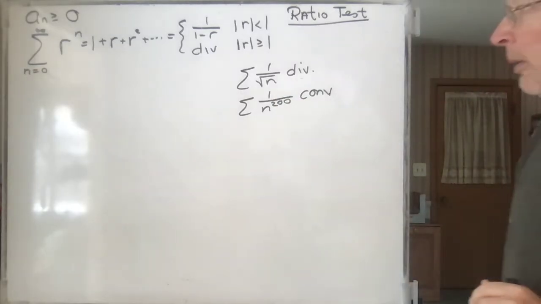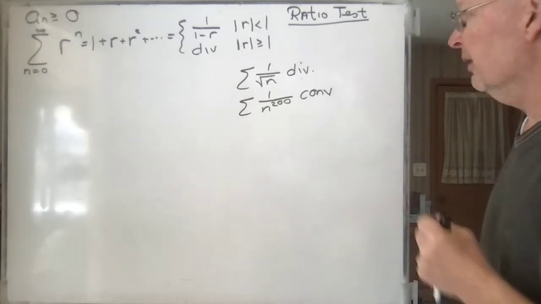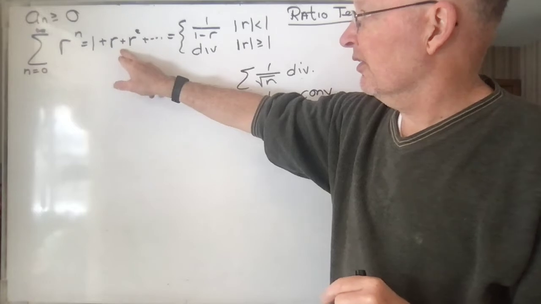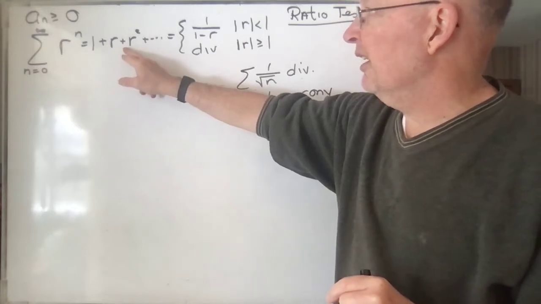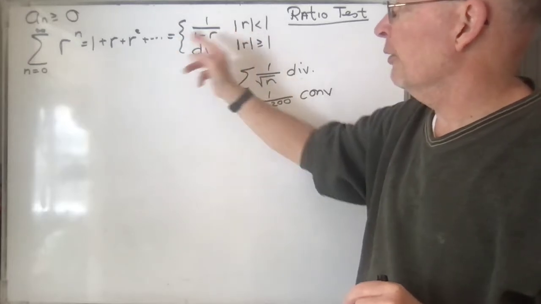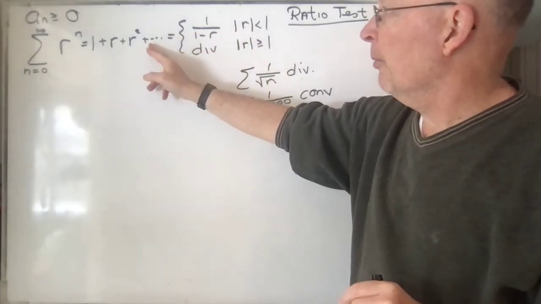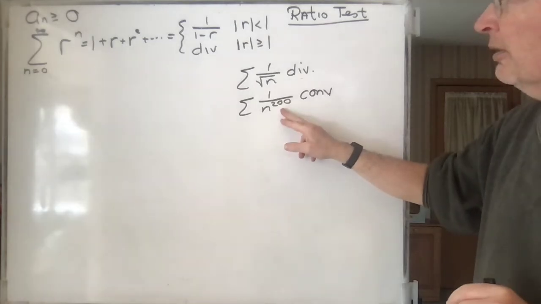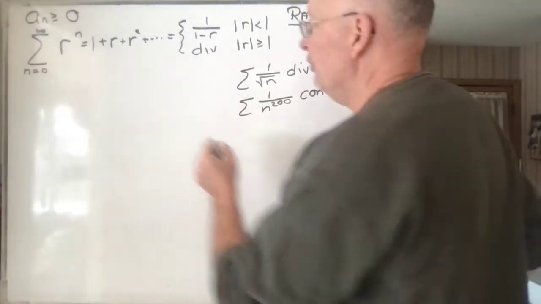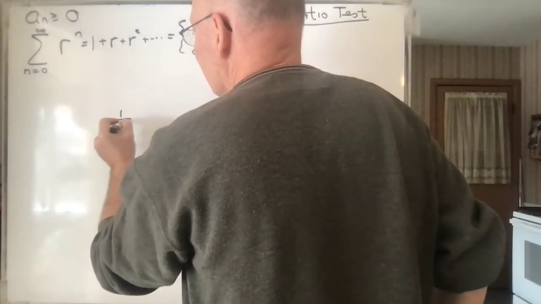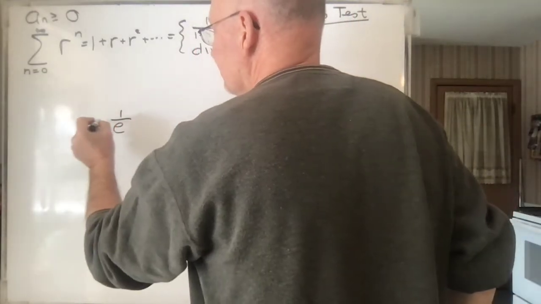And what I want to show you very clearly is that anything that's like a geometric series, if they do converge for r less than 1, they are going to get small much, much faster than anything like this. Okay? Basically, if you take any number, let's just take a simple one. Let's take 1 over e.